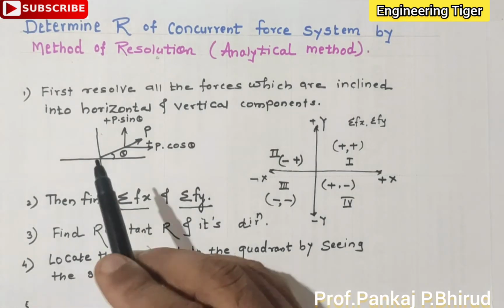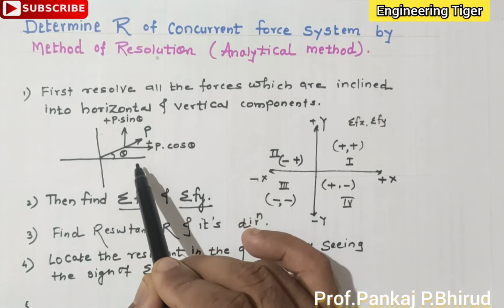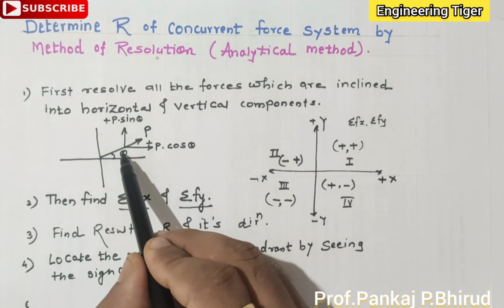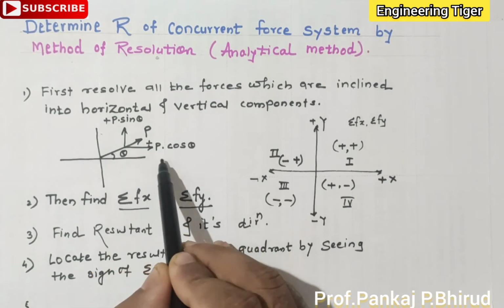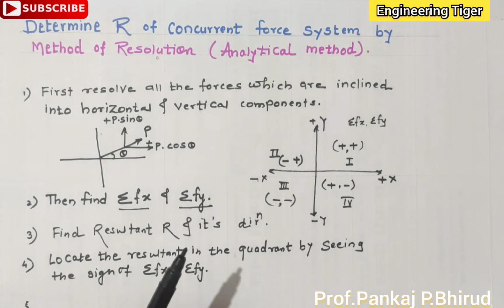Always take care that every inclined force is inclined with the x-axis. If not, then make it so by calculation. So this theta should be with the horizontal. Now, how to calculate the resultant in magnitude and direction? Let us discuss.